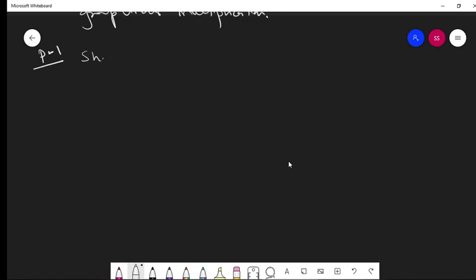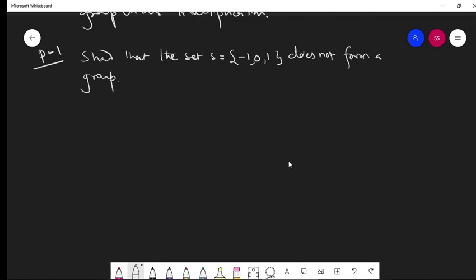Question number 1: show that the set S equal to {-1, 0, 1} does not form a group with respect to the addition operation.